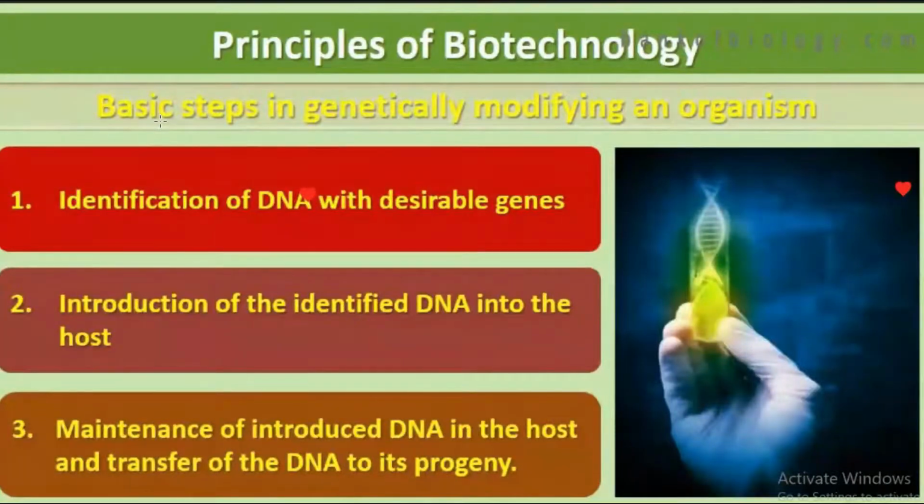Then, what are the important steps in genetically modifying an organism? So, actually, what are the important steps of biotechnology? Recombinant DNA technology or genetic engineering. So, basic steps in genetically modifying an organism.